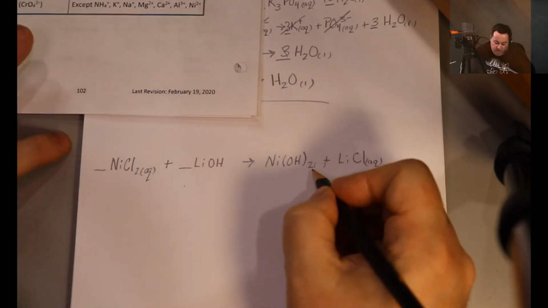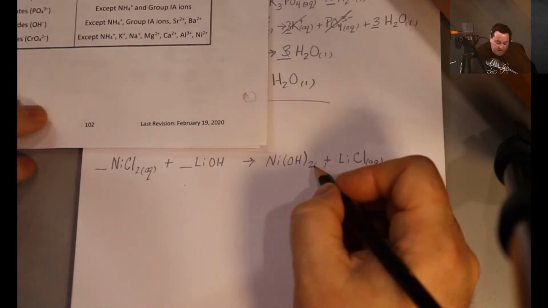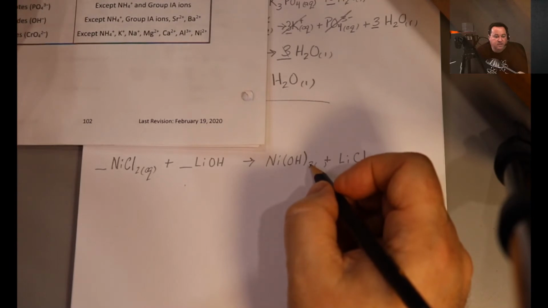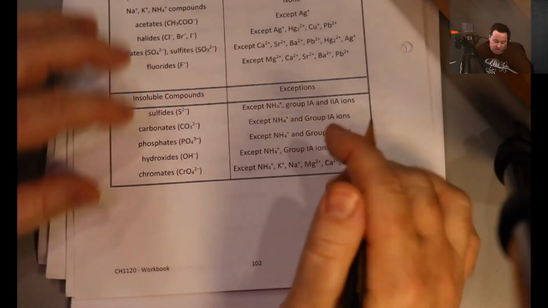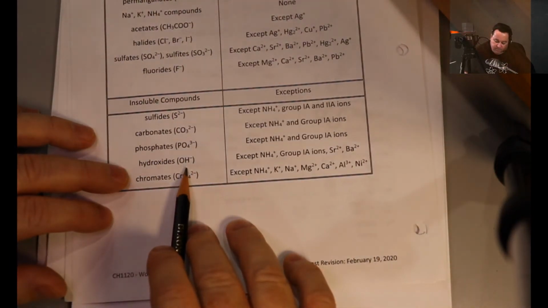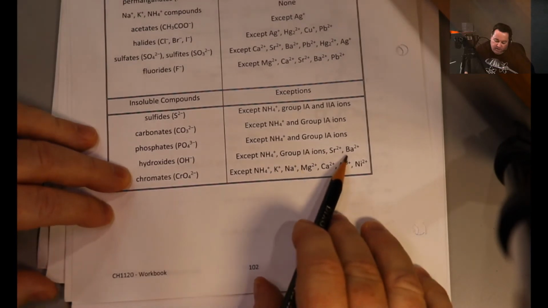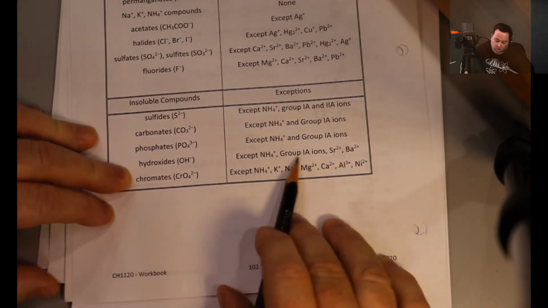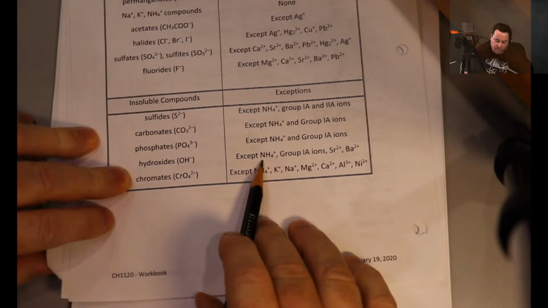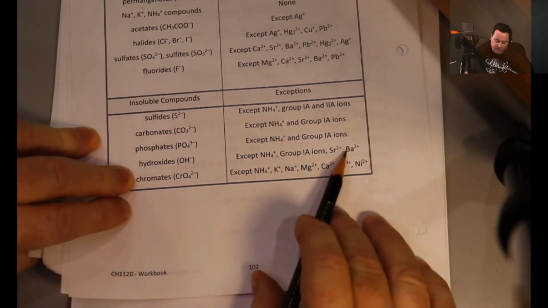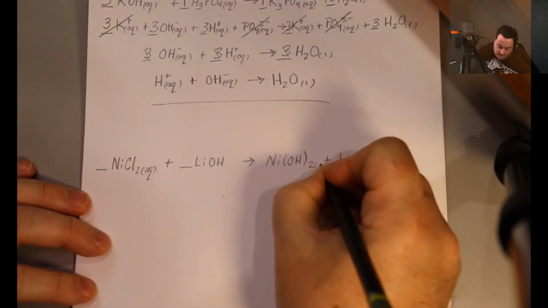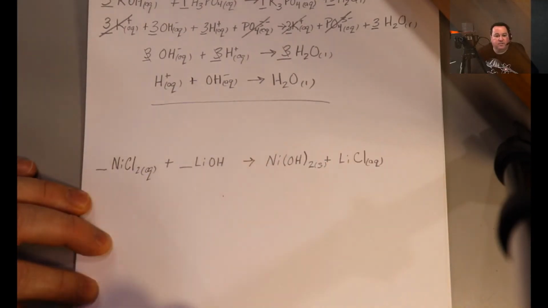So there should be a precipitate here. When we check hydroxides, hydroxides are usually insoluble, except for when they're with group 1, strontium, barium, and ammonium. So nickel 2 is not listed here. It is in fact insoluble, a solid, so I write s.